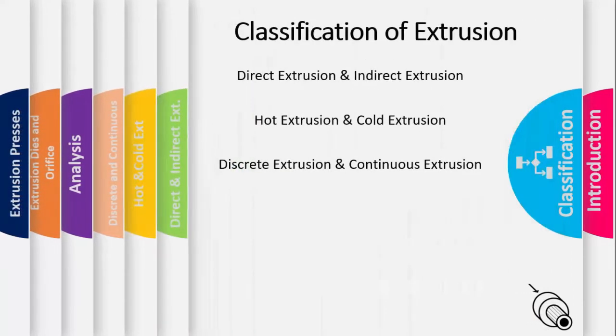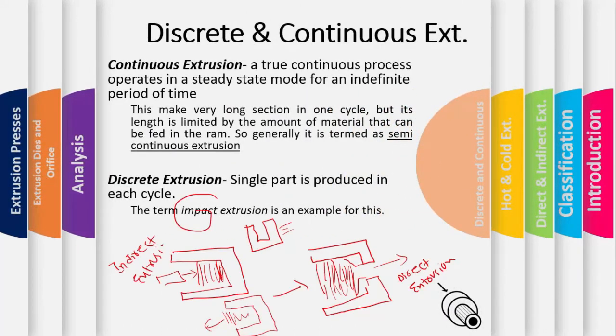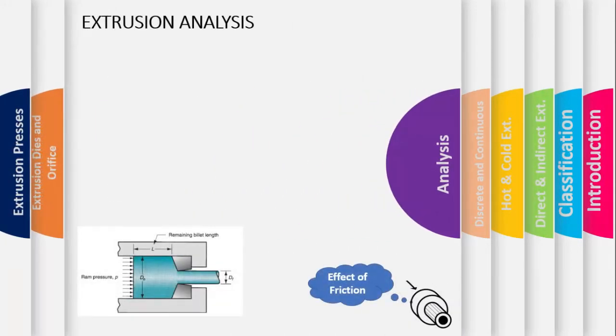So now let's move towards the analysis of the extrusion process. As we have different values while analyzing the various deformation processes, like in the case of the rolling operation, we found the draft that is to be produced, that is, the difference in the initial and the final thickness.